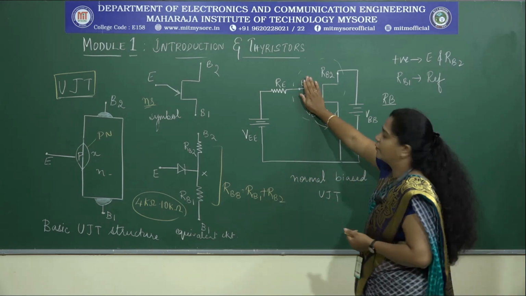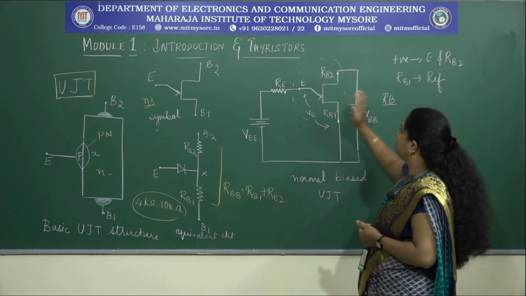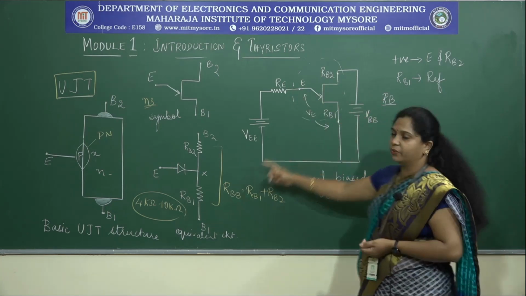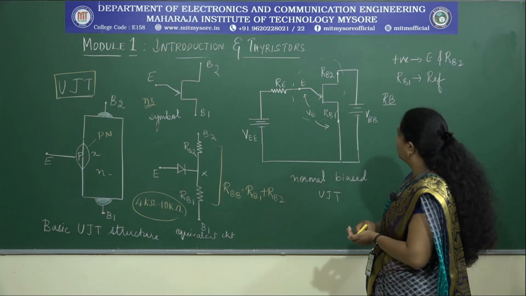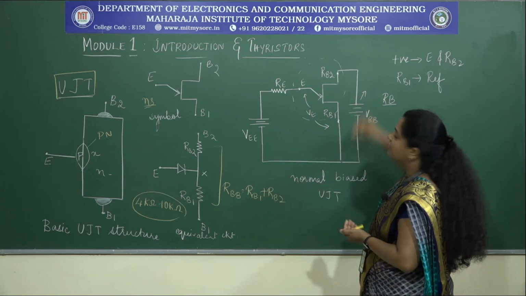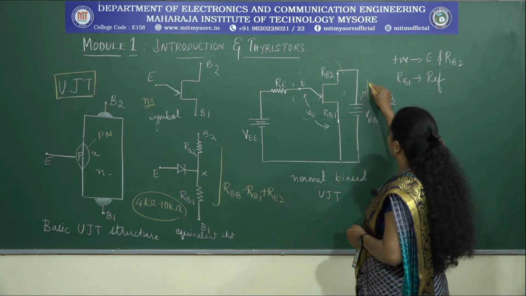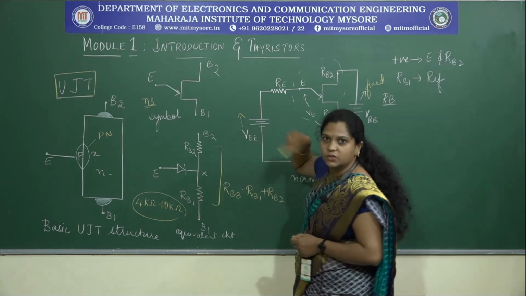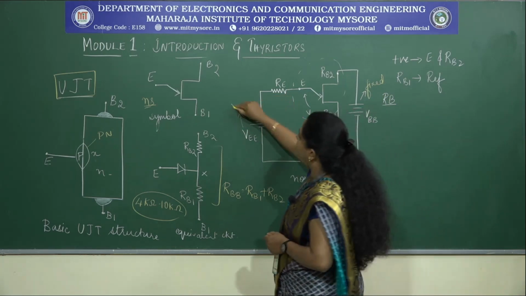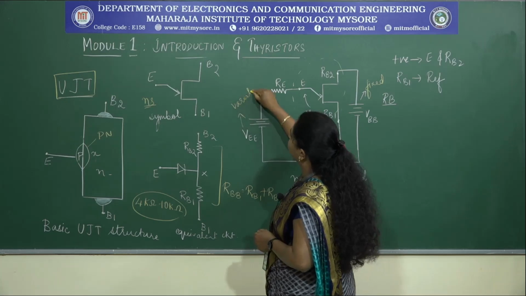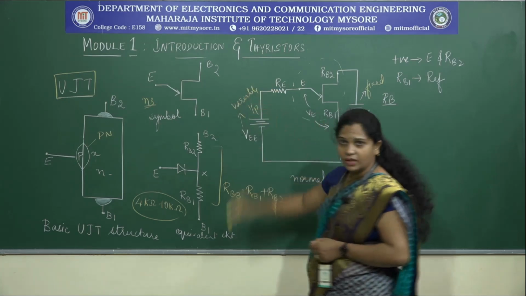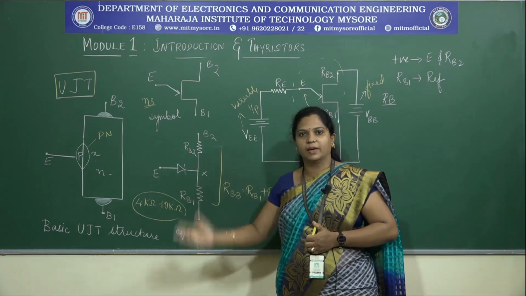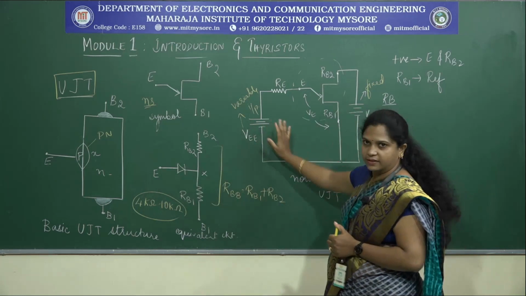You have not applied the emitter, so you provide the supply voltages VBB and VEE. VBB is a fixed voltage, whereas VEE is a variable input voltage. Usually this VEE is nothing but the output of a capacitor. Capacitor voltage is considered.